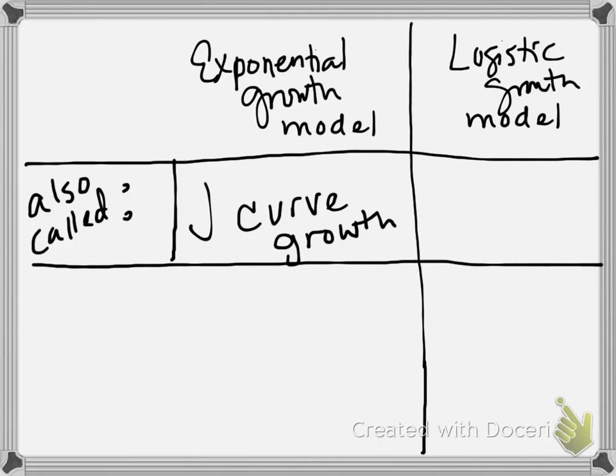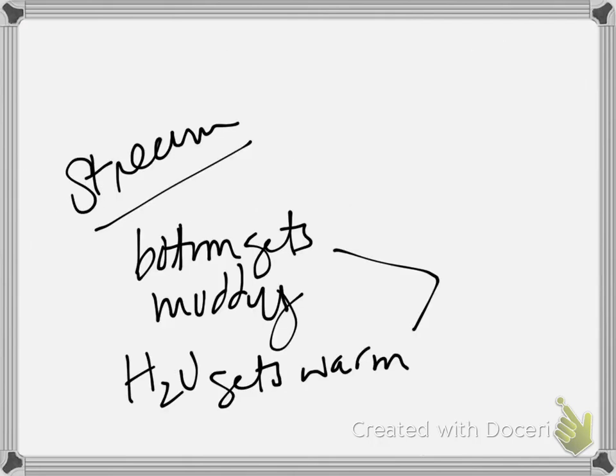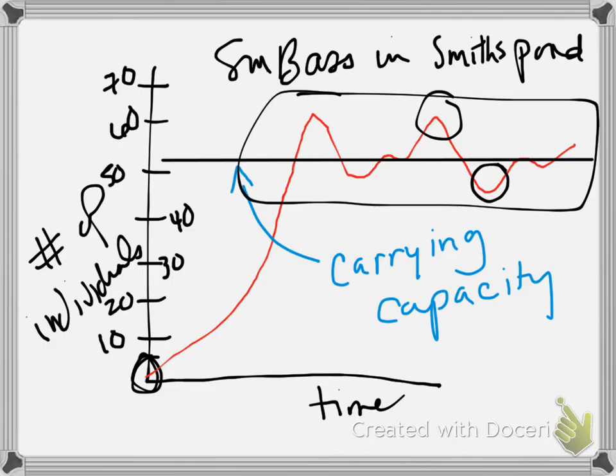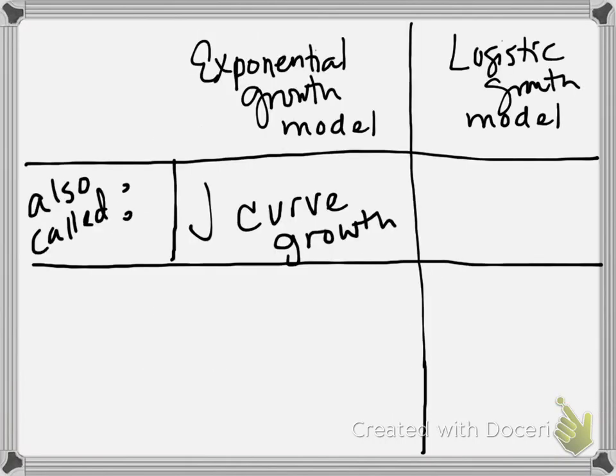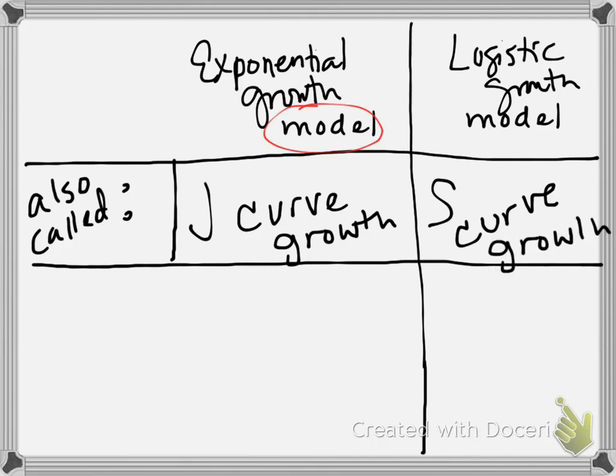And logistic, we didn't mention it as strongly. It's not as obvious, but logistic gets called S-curve. And it's sort of a flattened out S, but it's an S nonetheless. S-curve growth.